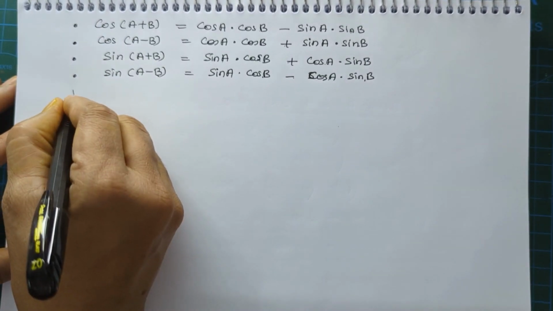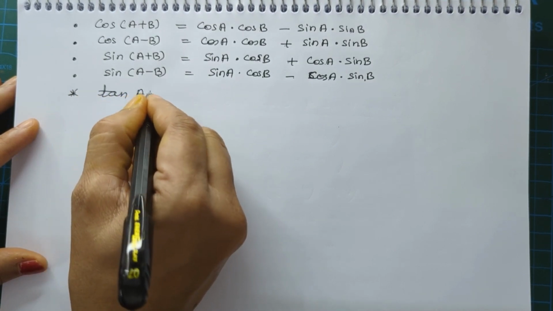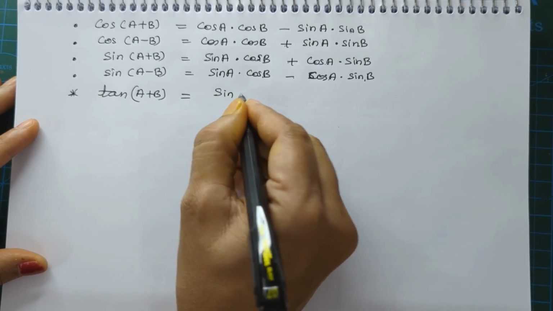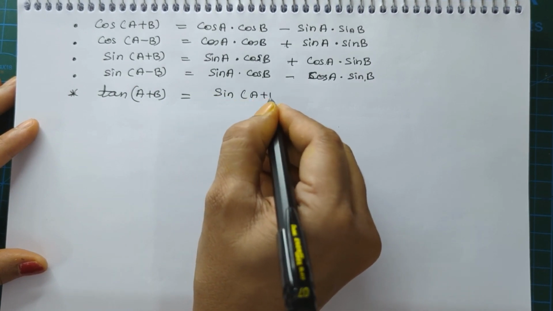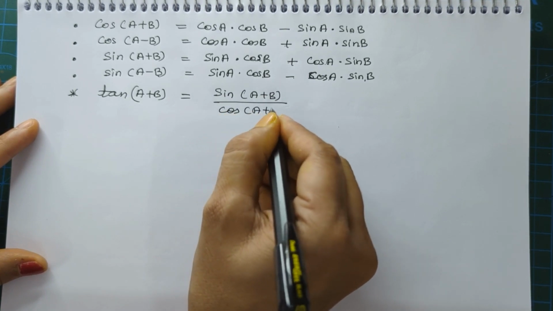Now we will derive the identity for tan(A + B). Tan(A + B) is the ratio of sin(A + B) to cos(A + B).